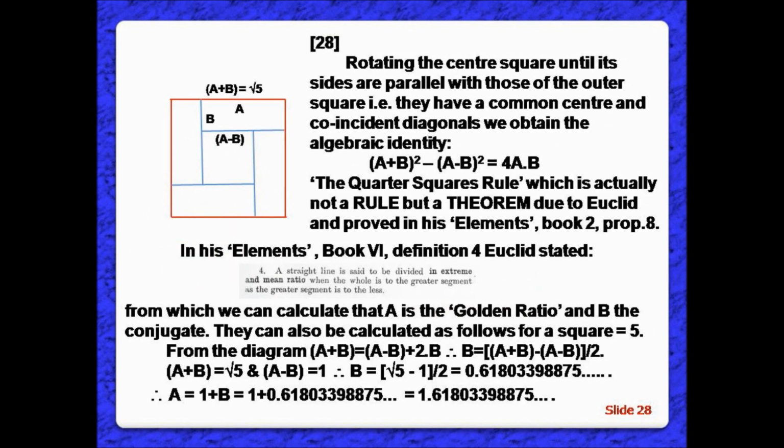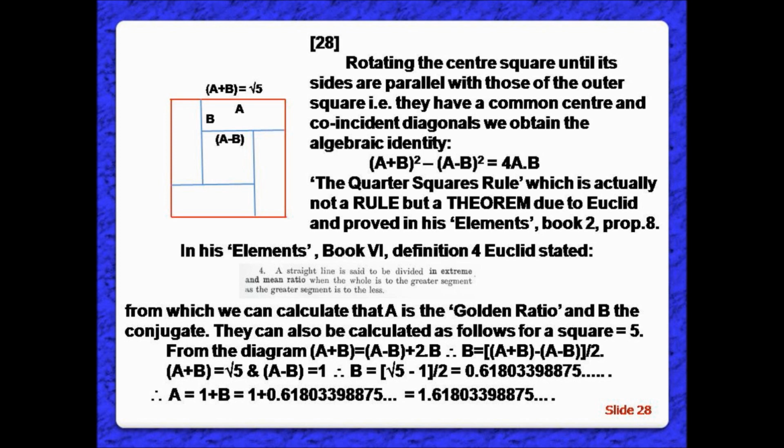Rotating the centre square until its sides are parallel with those of the outer square, i.e. they have a common centre and coincident diagonals, we obtain the algebraic identity (A plus B) all squared minus (A minus B) all squared equals 4AB, the quarter squares rule, which is actually not a rule but a theorem due to Euclid and proved in his Elements, Book 2, Proposition 8.